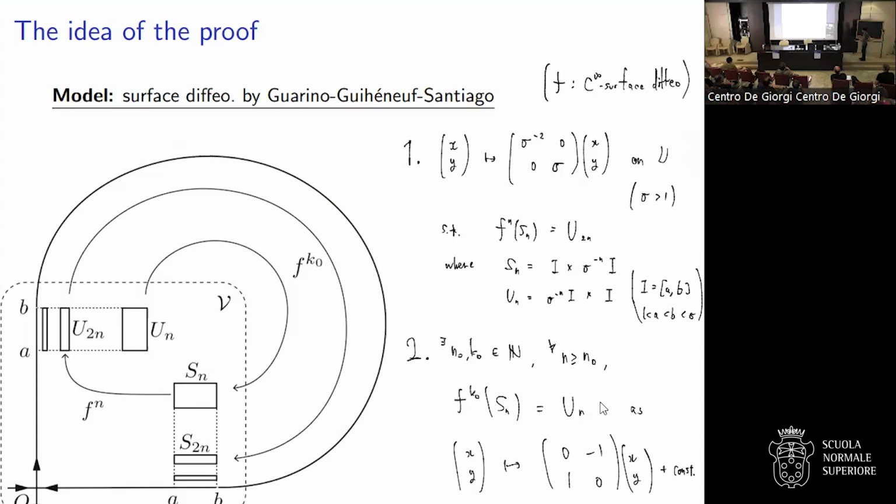And the good thing about their construction is that there are integers k0 and n0, and after just k0 iterations, this vertical rectangle is exactly mapped into this horizontal rectangle.